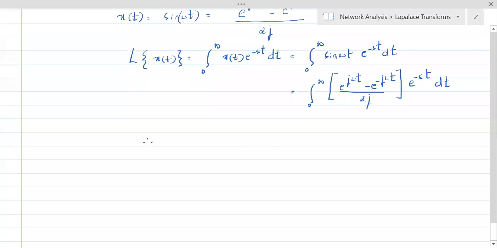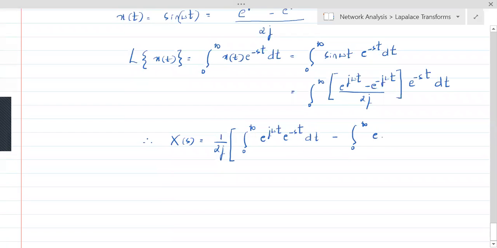Therefore, Laplace transform of x of t, X of s, is equal to 1 by 2j, which can be kept outside, and we can have two integrals: 0 to infinity e power j omega t e power minus st dt minus 0 to infinity e power minus j omega t e power minus st dt. This is how we can rearrange the terms.